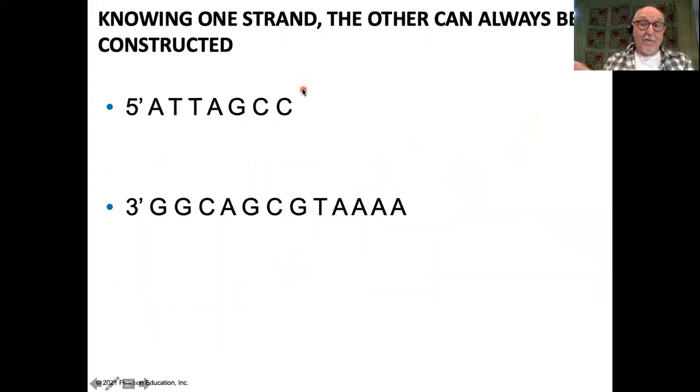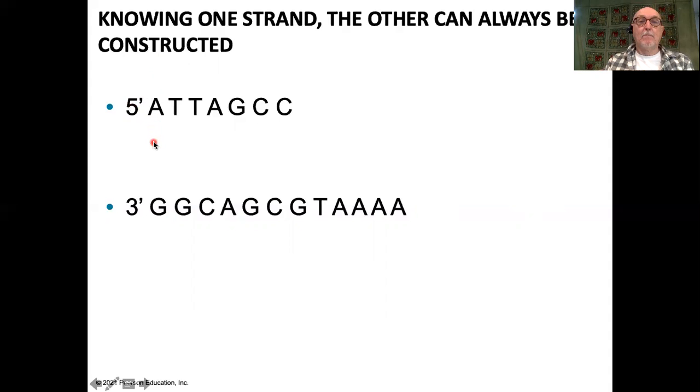What you need to be careful of when you see this kind of exercise is to take careful note of the direction that the strand is running. It can be very important, as you'll hear in a minute. So if we know one strand, the other one can be constructed. What is it here?